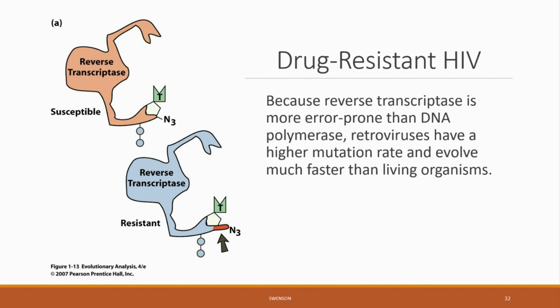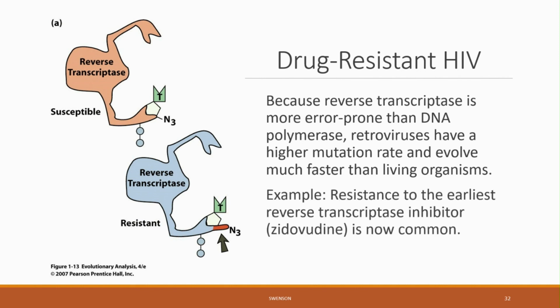And this leads to mutants that are resistant to drugs, such as the reverse transcriptase inhibitor. So, in this example, the area of reverse transcriptase recognized by reverse transcriptase inhibitor has an arrow pointing to it, where a resistant mutant has a slightly different shape in the enzyme, which renders the drug ineffective.